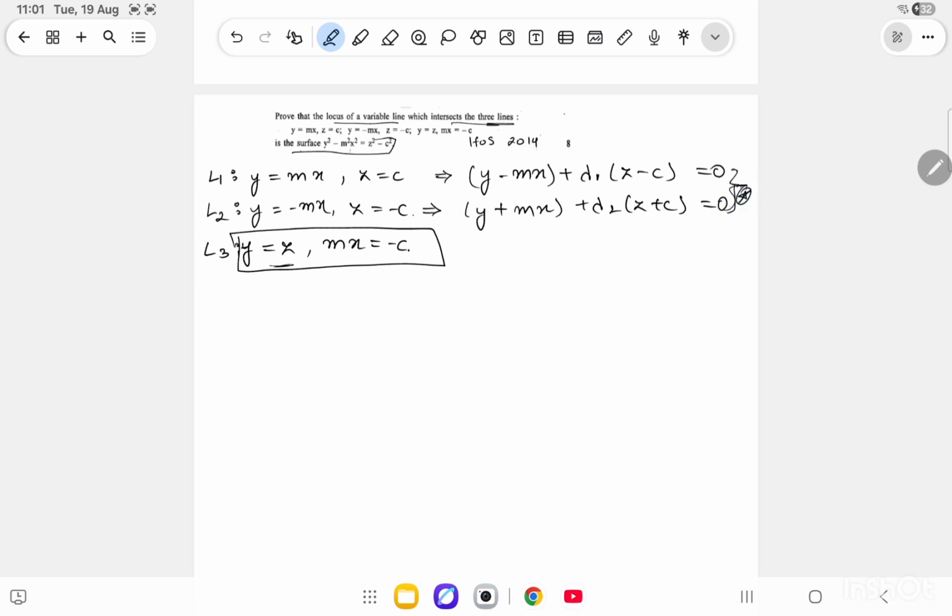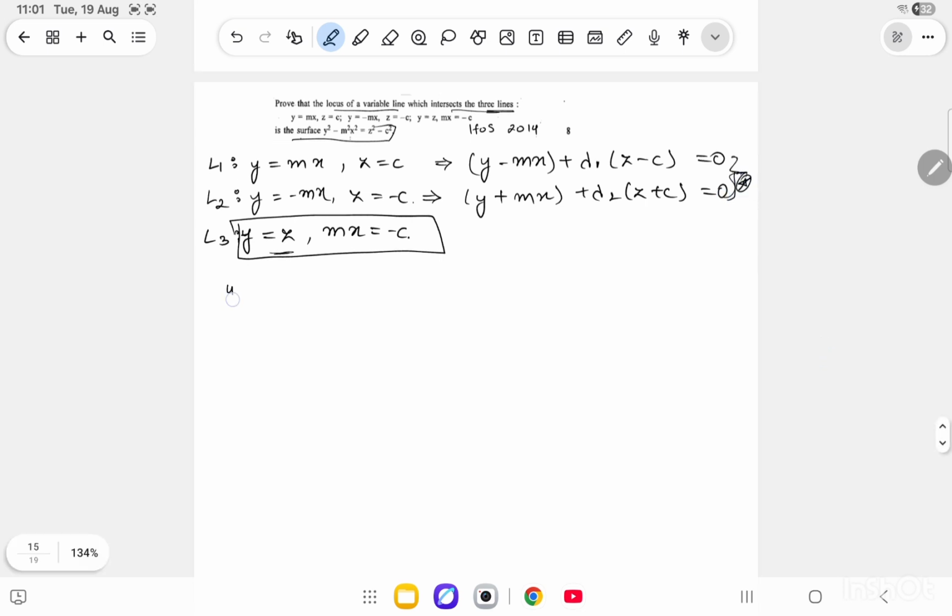Let's name these two planes as star. So y equals to z, comma mx equals to minus c must satisfy star, because this is also intersecting the variable line.